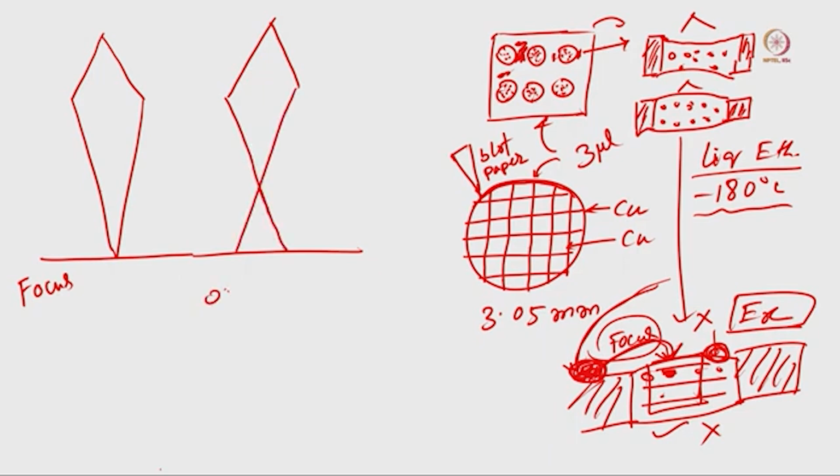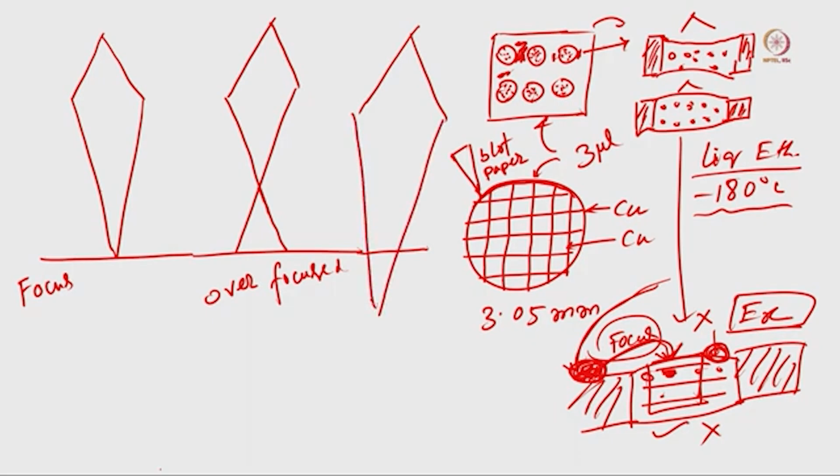This is called overfocused, which we discussed last class. Now the other one: we have an electron beam and use a magnetic field in such a way that the electron beam comes here and merges somewhere here. That is called underfocused.